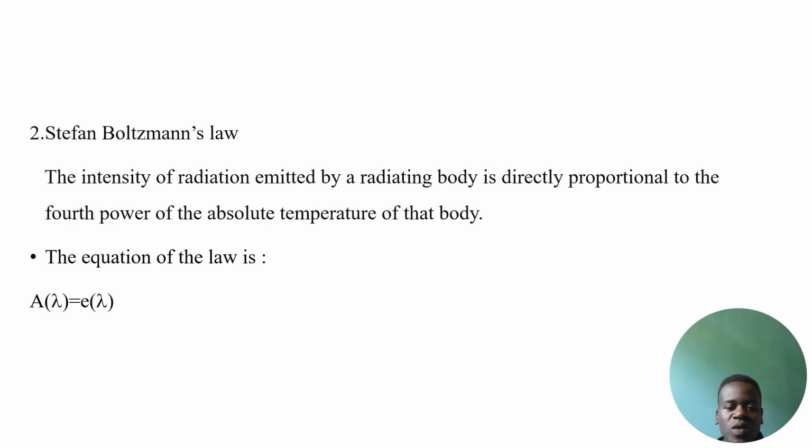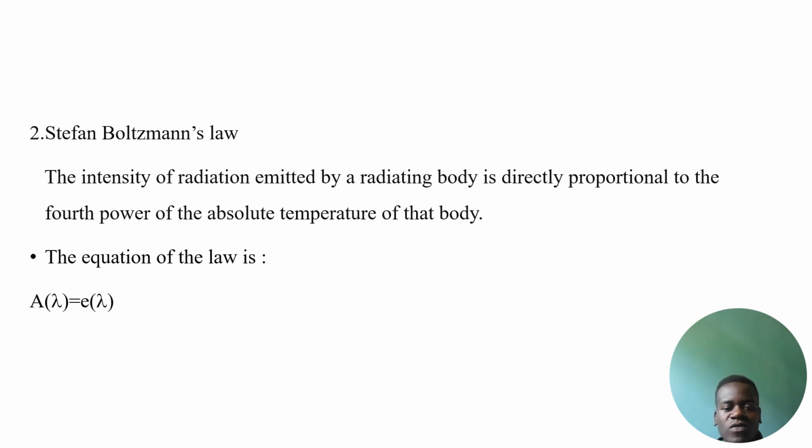The second law is the Stefan-Boltzmann law, which says that the intensity of radiation emitted by a radiating body is directly proportional to the fourth power of the absolute temperature of that body.